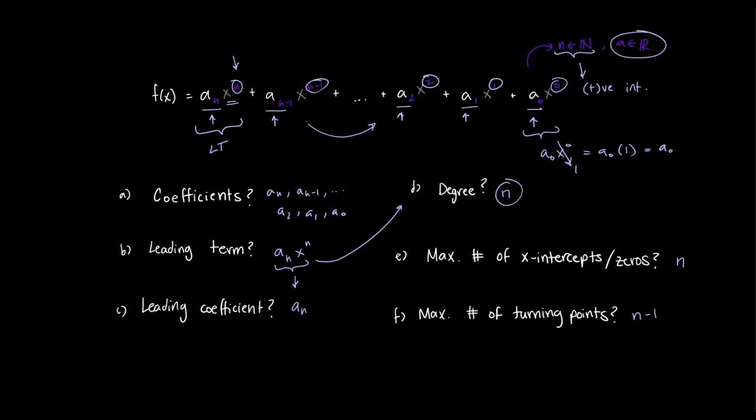So a turning point would be somewhere where the tangent line has a slope of 0, something like this. And at most, it can have n minus 1 turning points. So it can have less than n minus 1, but it can't have more than n minus 1. And this is going to be true for every polynomial of degree n.